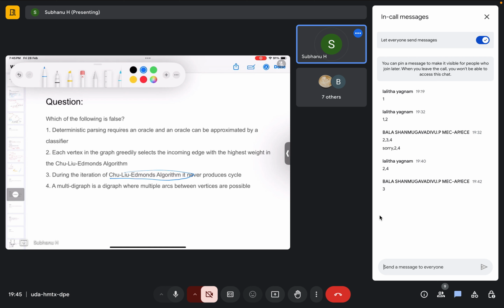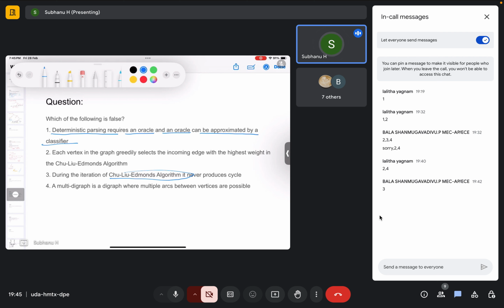Fine. So the first statement is saying that deterministic parsing requires an oracle, and the oracle can be approximated by a classifier. So in deterministic parsing, especially in transition-based dependency parsing, an oracle is used to provide the correct parsing decision at each step.